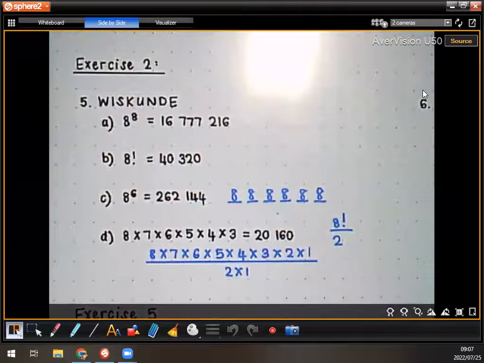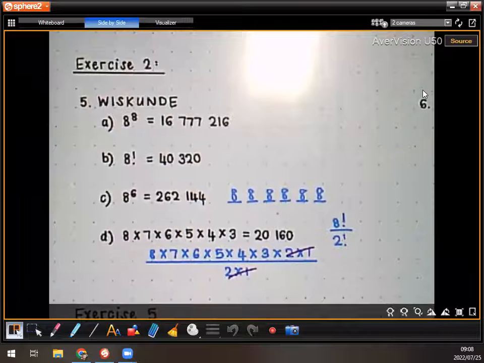Right? You know what I'm saying? I'm basically canceling off the ones that are not there. And if it's like 5 things and not the 3, then it's 5 factorial by 3 factorial. But guys, there's nothing wrong with writing it like that. I mean, at least it's the same concept.